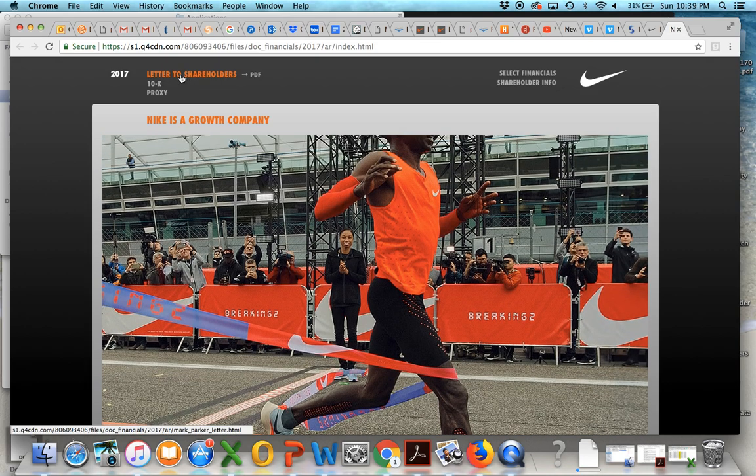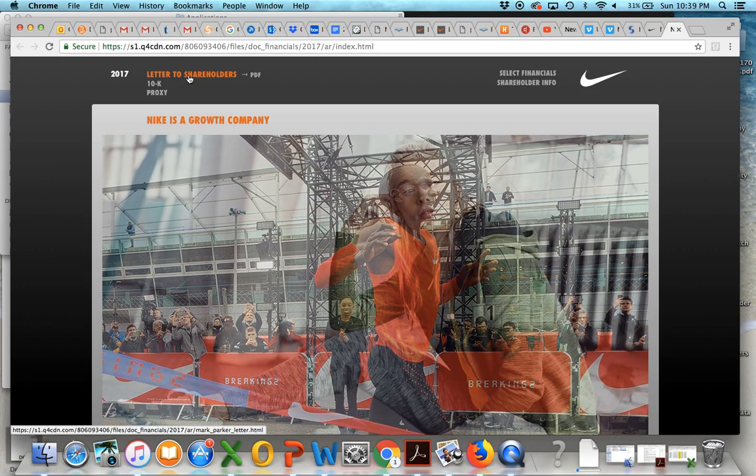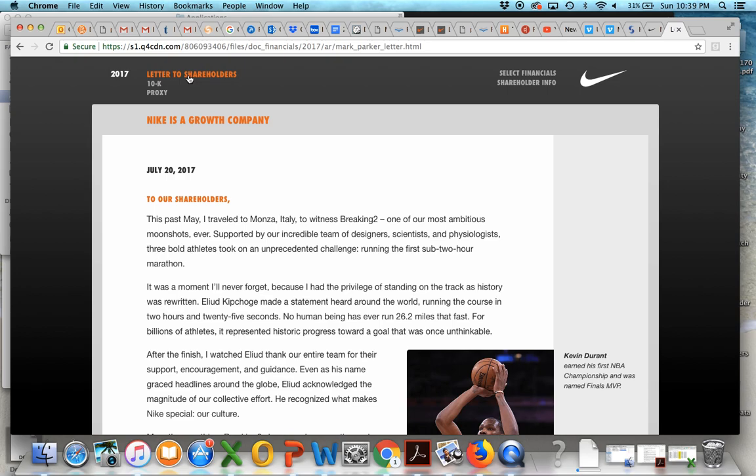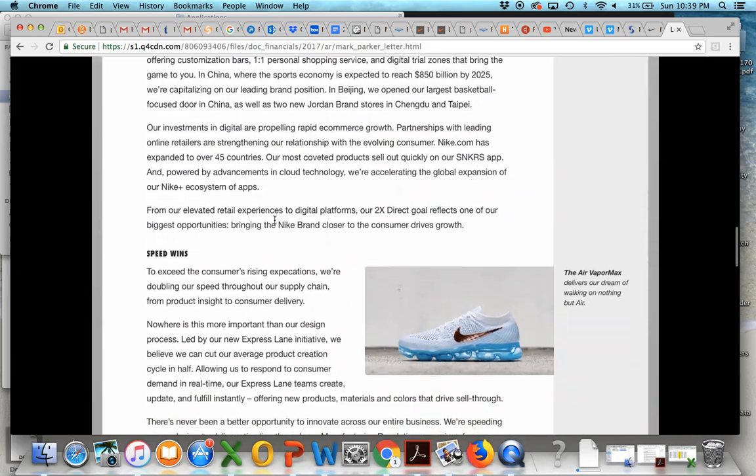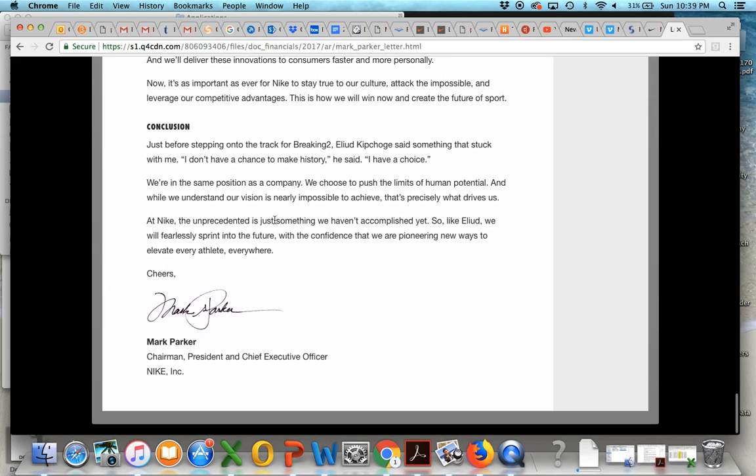So this week we're going to start easy. We're just going to take a look at the letter to shareholders. This is the one that accompanies the 2017 financial statements. If you quickly page down, you can see this thing is not 100 pages.